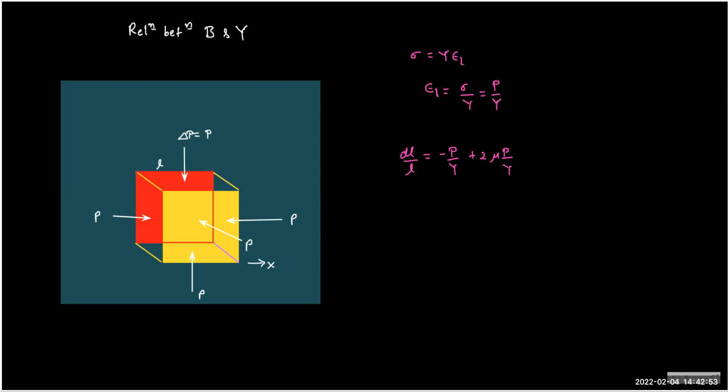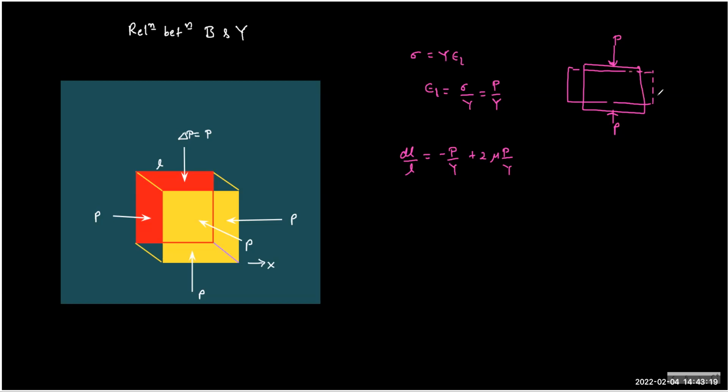So that is +2 and then, or two times, because the top and the bottom, this pressure will try to increase the length. But for this pressure, the increment is lateral, not longitudinal. So we use the Poisson ratio.